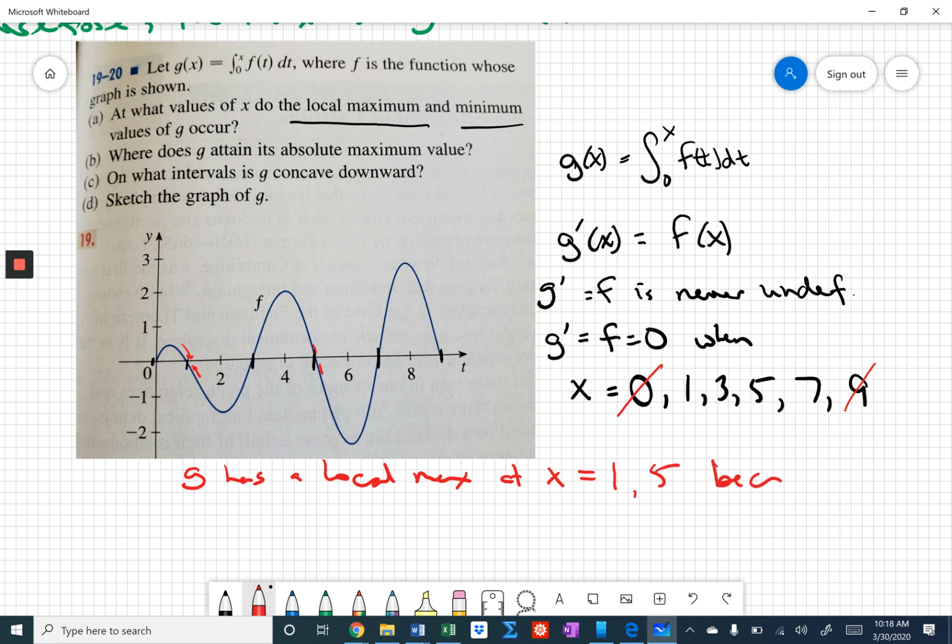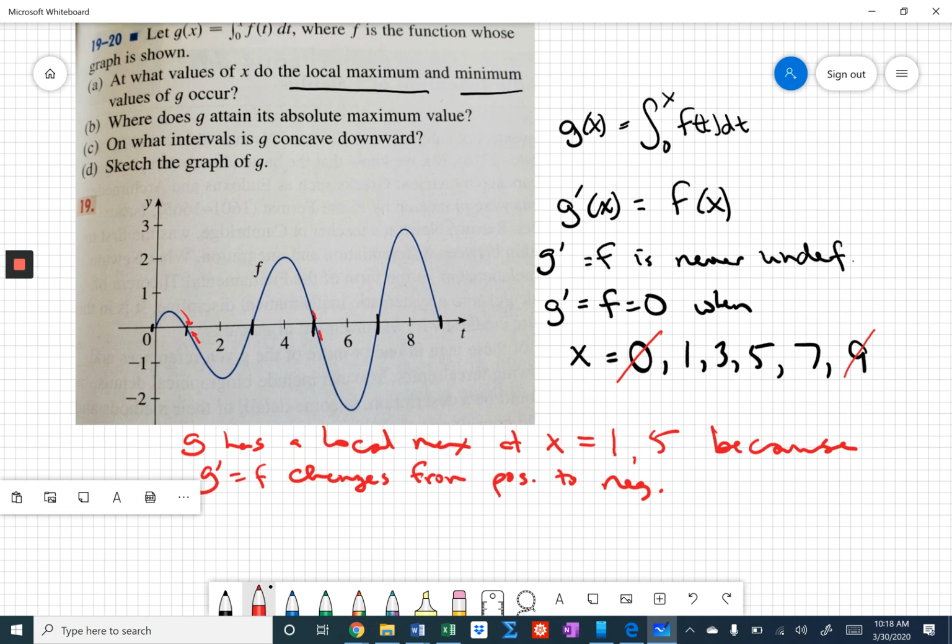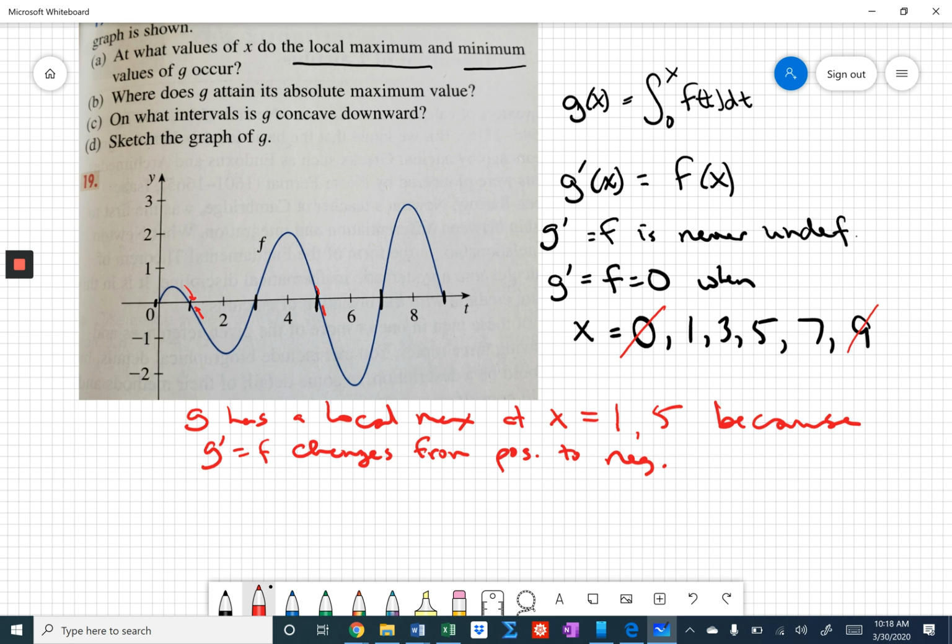And then we would say because g prime, which is equal to f, changes from positive to negative at these values. Now, what about where we have local min? Well, we need to see g prime change from negative to positive.